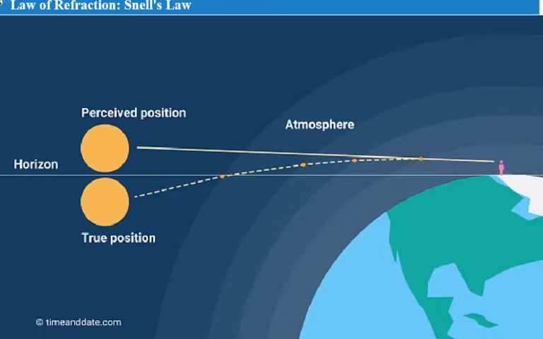You see right here the perceived position of the object and the true position of the object. So when you look at the sky, you not only see objects whose light has traveled thousands or millions of years, but you also do not see them where they are supposed to be, because of the light refraction when the rays enter the atmosphere.